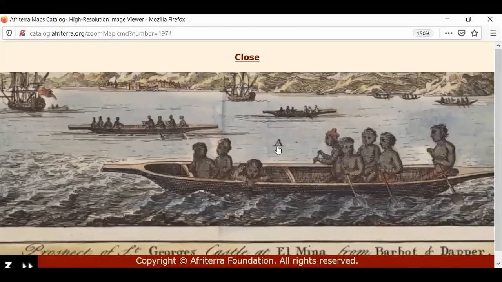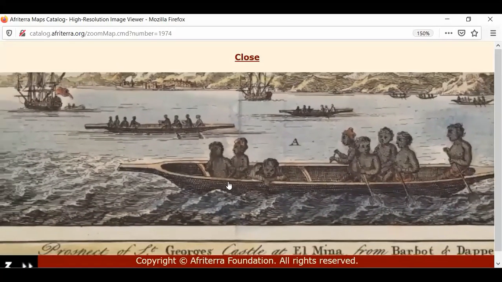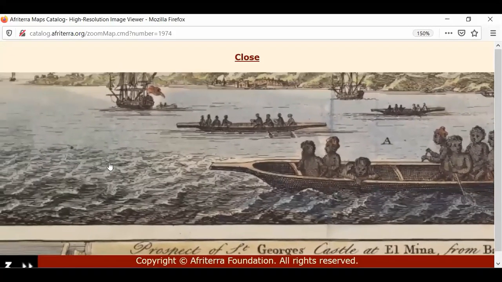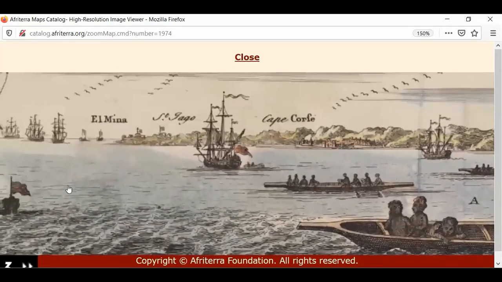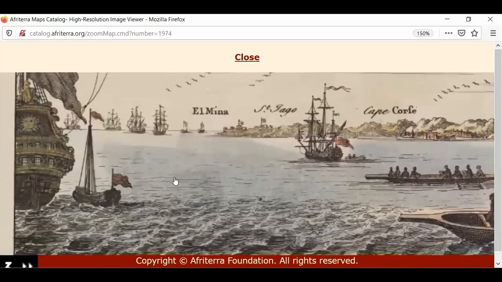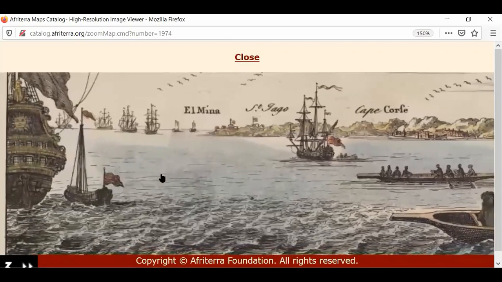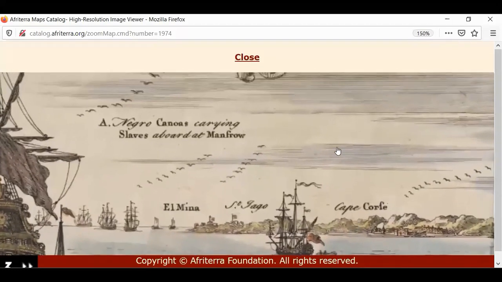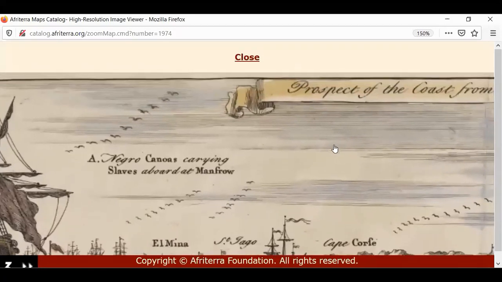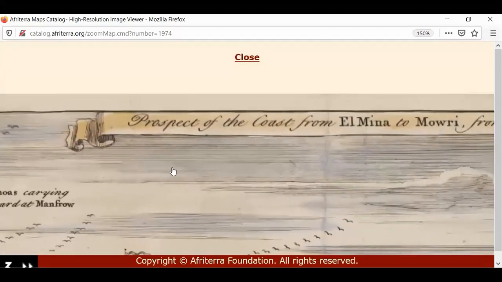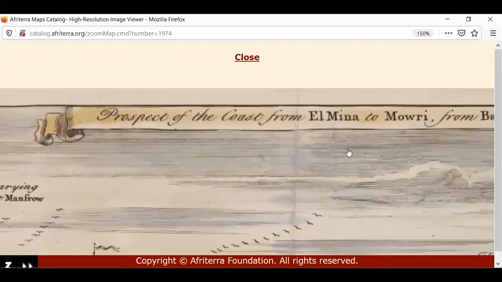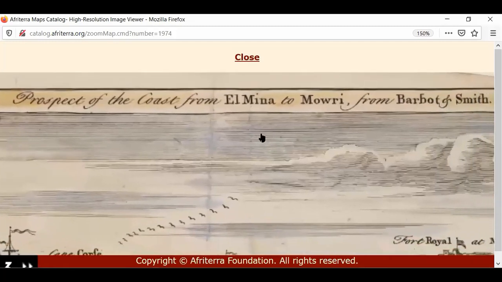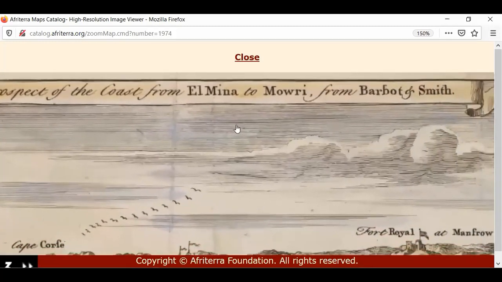They have little designations on them, like A, and a little indication of the different cargo that are being transported out to the ships. If you look at the indication at the top, it's a prospect of the coast from Elmina to Mari from Barbeau and Smith.